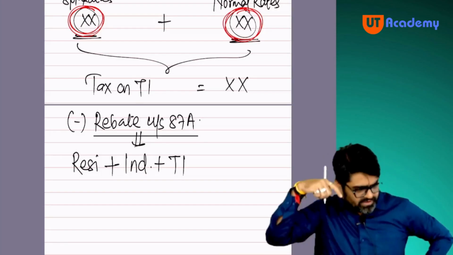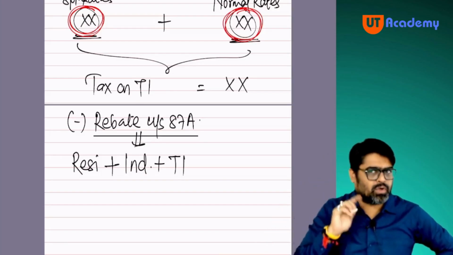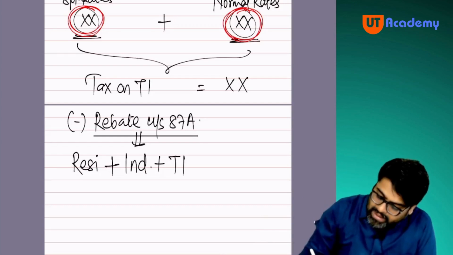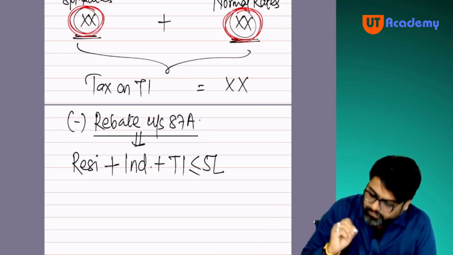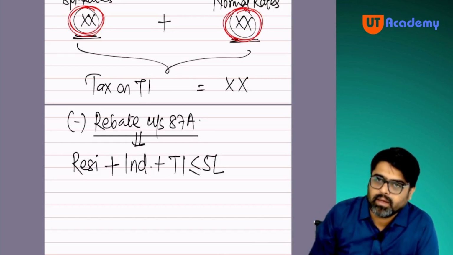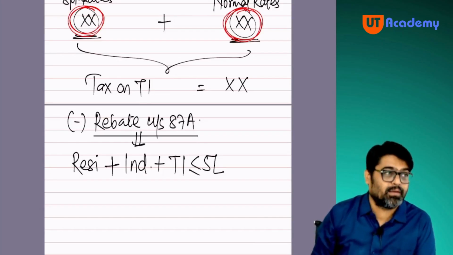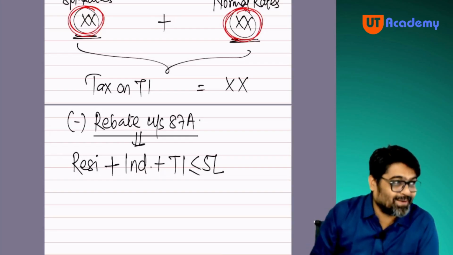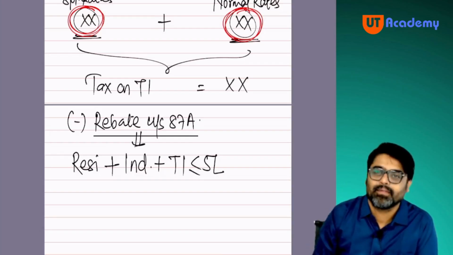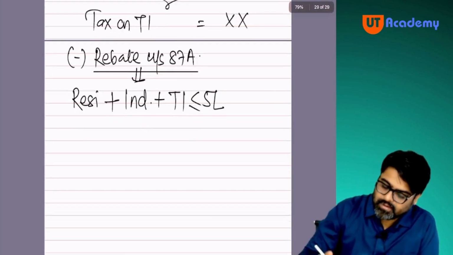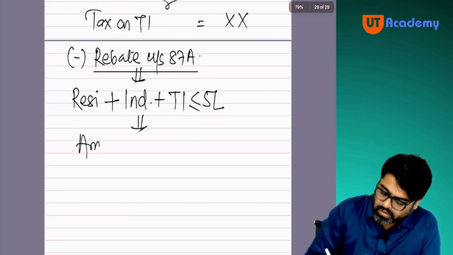Normal total income? Did I say normal total income, or did I say total income? Your total income does not exceed the limit, then only you are going to get the rebate. So this is the condition to claim the rebate. Now ask me, how much rebate am I going to get, sir? How much rebate? Amount of rebate. What did I say?